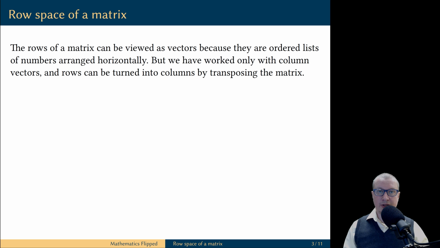Yet, each matrix has not only columns but rows, and we can work with rows of a matrix by transposing the matrix. Then the rows of the matrix become the columns.